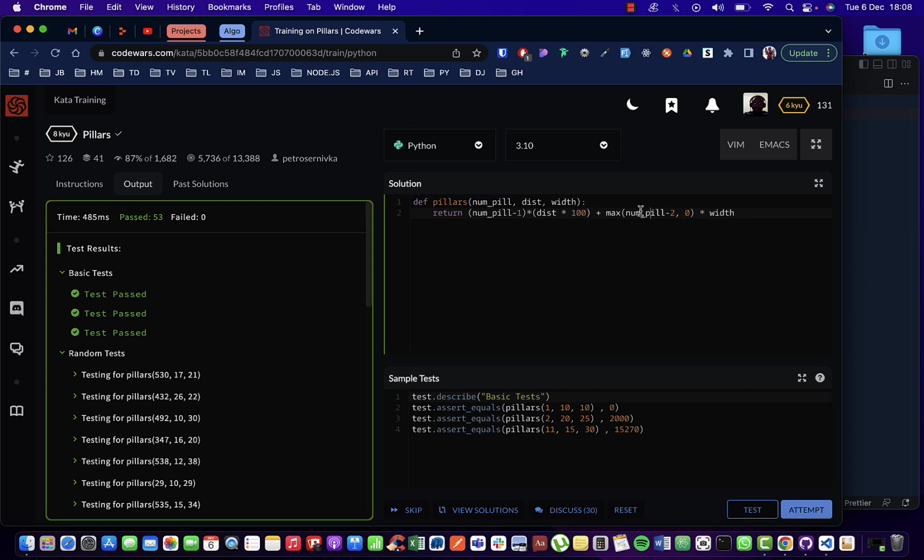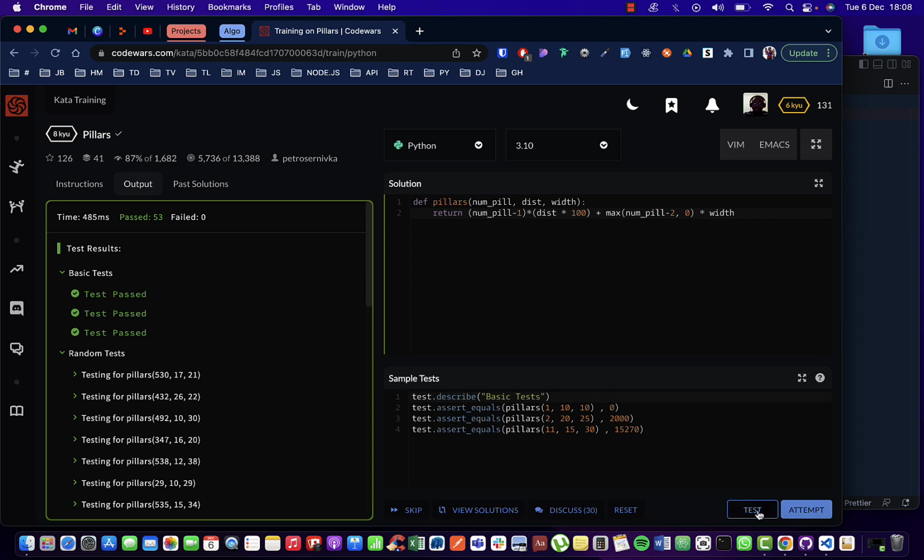If it's two pillars, 2 minus 2 is 0, so that will be 0, that's what we want. If it's three pillars, 3 minus 2 will now be 1, 1 is taken because it's higher than 0, and that will be the width which will be passed, right? Because we are considering the pillar in the middle for 3 pillars. So this is basically how to resolve that using the max method in Python.